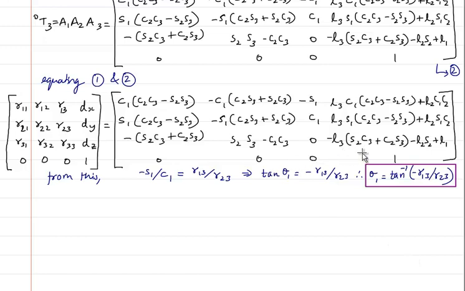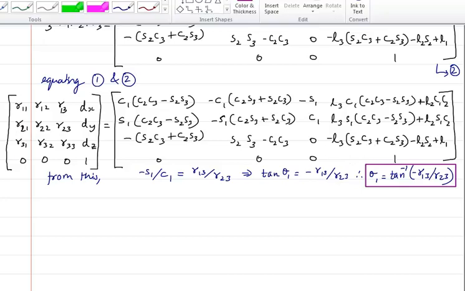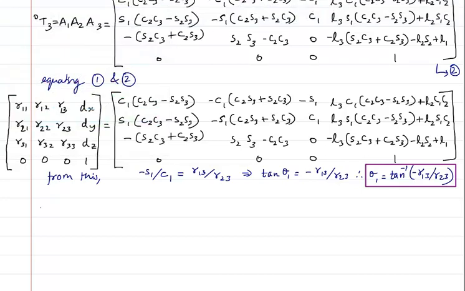Next, as I told, we have to find theta 2. As I said, if I look at this equation, that is equal to dz, of which this minus S2 C3 plus C2 S3 is already present here, which is R31. So I will write something like this: minus L3 times S2 C3 plus C2 S3, minus L2 S2 plus L1.